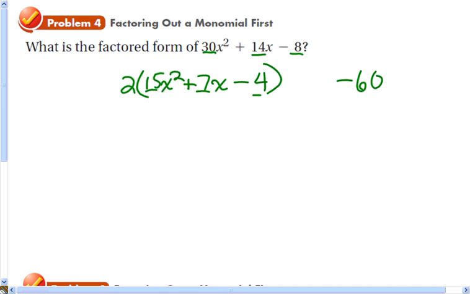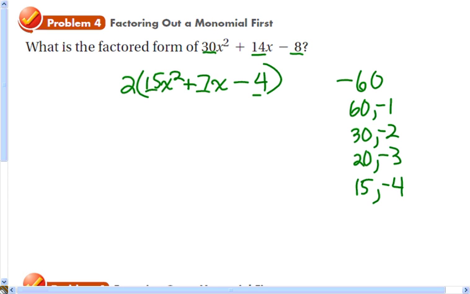So I'm going to look at factors of negative 60, like 60 and negative 1, 30 and negative 2, 20 and negative 3, and I'm going to keep doing this until I get two that add up to 7. 15 times negative 4, that's not it. 12 times negative 5 is 60.